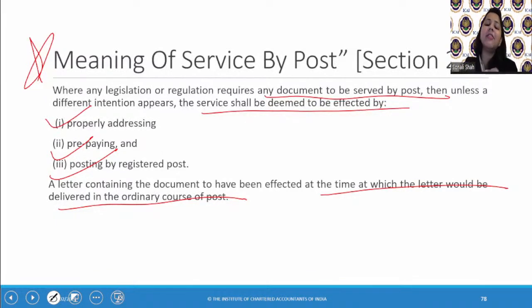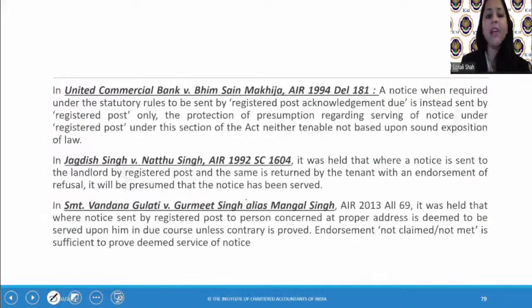So the delivery will be deemed to be effected at a time when in the ordinary course of post the delivery should have been completed. So three requirements: it has to be properly addressed, it has to be prepaid, and it has to be posted by registered post. In this case, United Commercial Bank versus Bhimsen and Makecha, a notice, when required under the statutory rules to be sent by registered post acknowledgement due, is instead sent by registered post only.